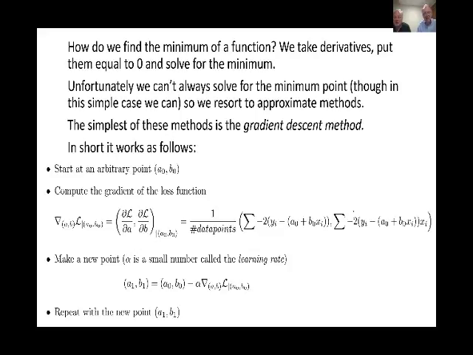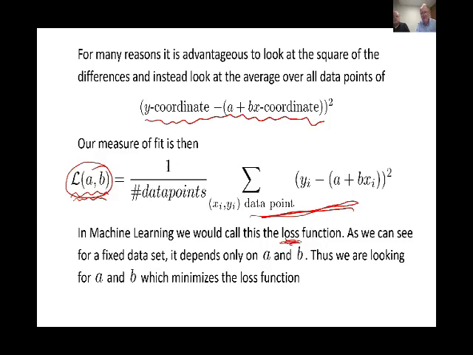We have to take the gradient of this loss function. The gradient, well, that's just the vector consisting of partial derivatives: the partial derivative with respect to A and the partial derivative with respect to B. And so if we take the partial derivative of this function with respect to A, what does that mean?